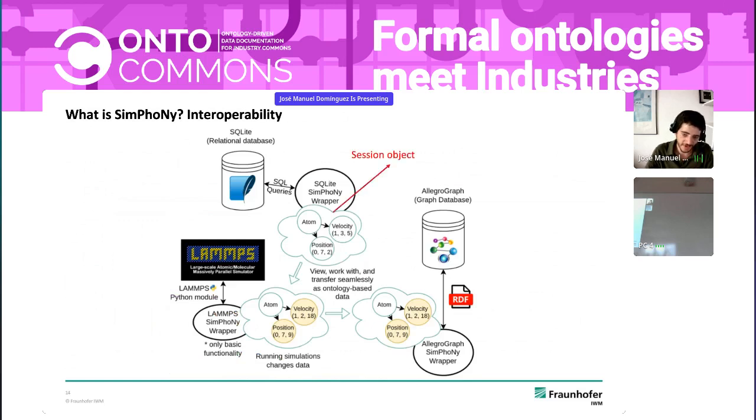In here, this cloud represents the so-called session object. In the example that you see here, some atoms are stored in an SQLite database, and then using the adequate Symphony wrapper, you see this as a session object, and then you can essentially take your atoms and copy them into a different session from the LAMMPS wrapper.